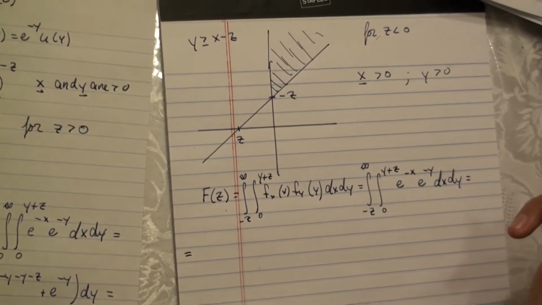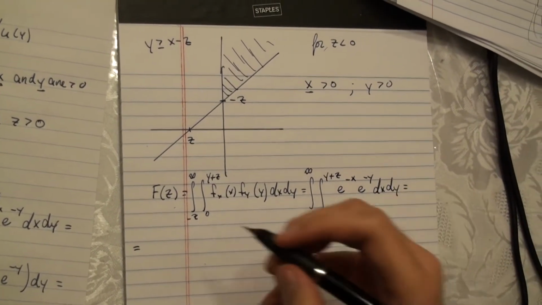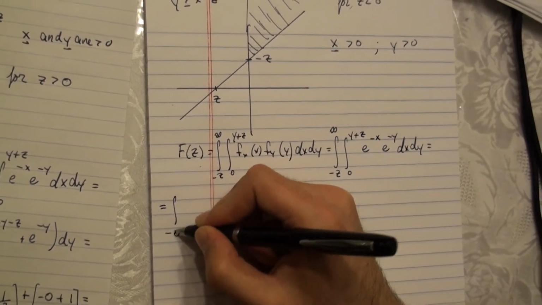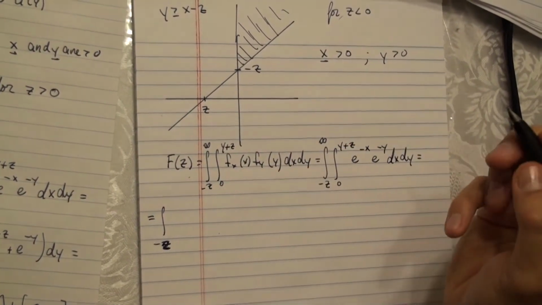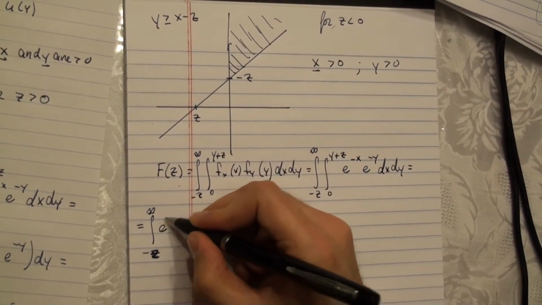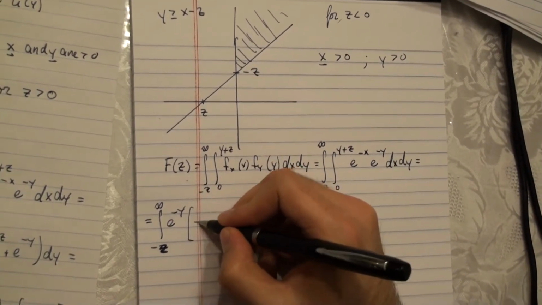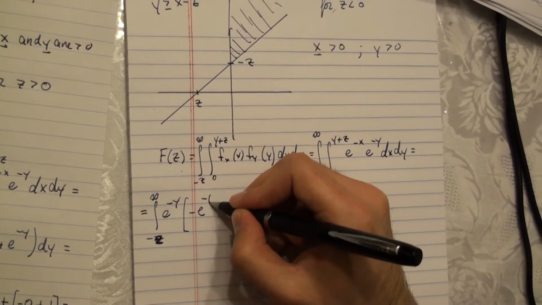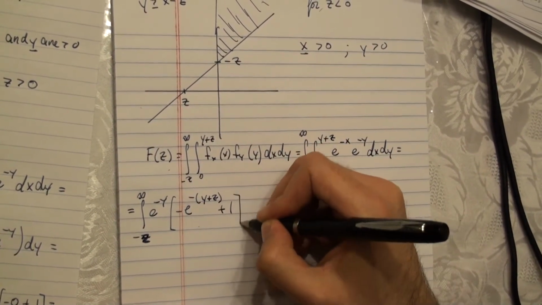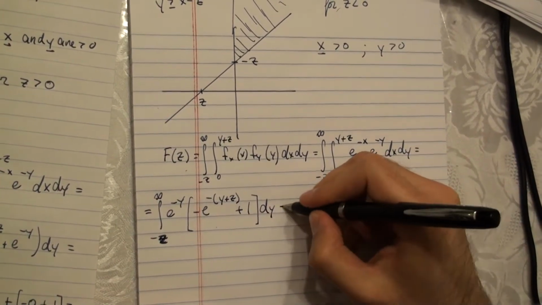So now we do the integration with respect to x first. So we're left with this, this should be minus z. From minus z to infinity of e to the minus y, and we have minus e to the minus y plus z minus minus plus 1 dy.